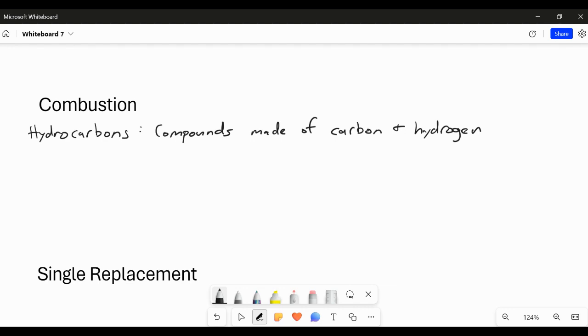So for our generic equation, we're going to have our compound, in this case some hydrocarbon, like methane, ethane, propanol, anything that involves carbon and hydrogen, basically.